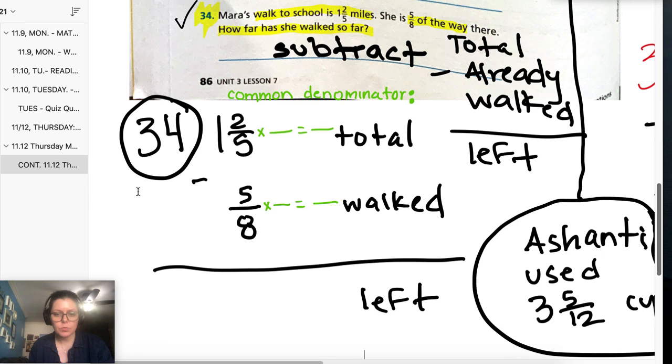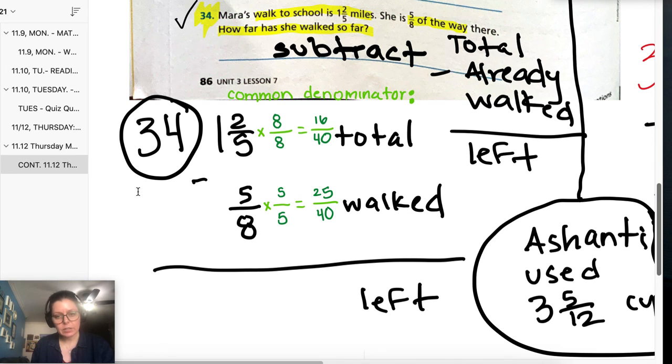So once I think about it, I think I just need to multiply my denominators by each other. So I'm going to multiply 5 times 8. I'm going to multiply 8 times 5. 8 times 5 is 40. So now I can figure out my numbers on top. 8 times 2, I'm just multiplying across. 8 times 2 is 16. 5 times 5 is 25.